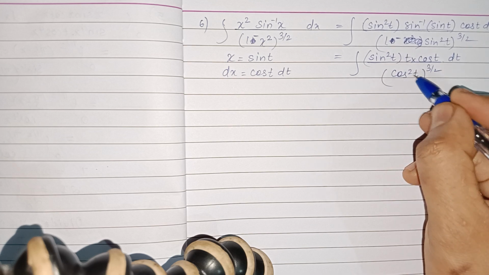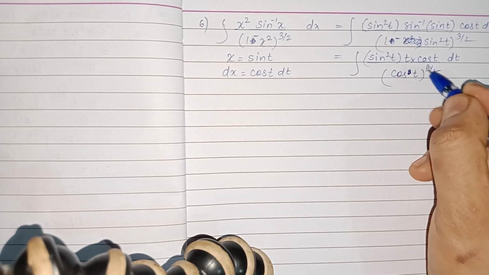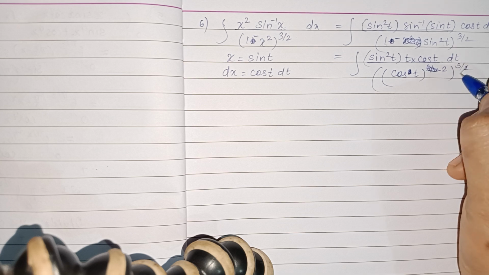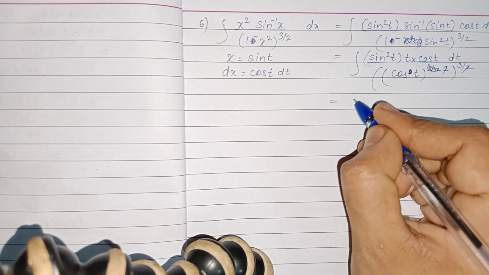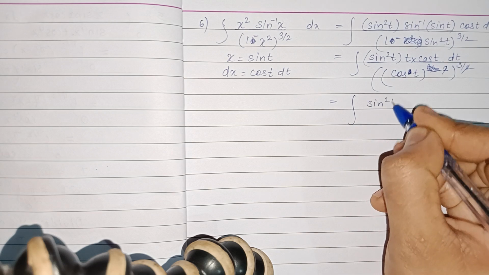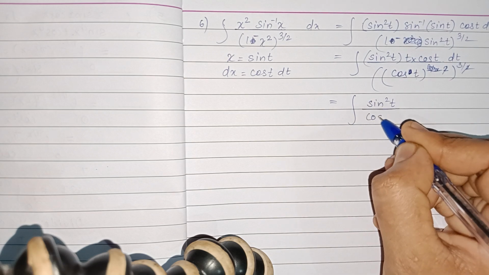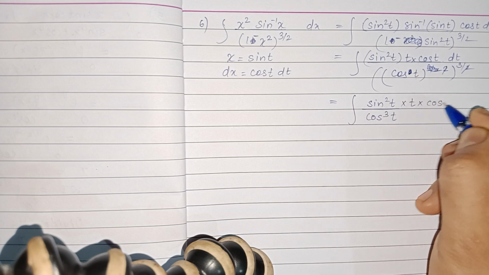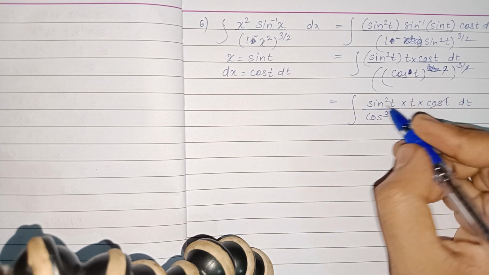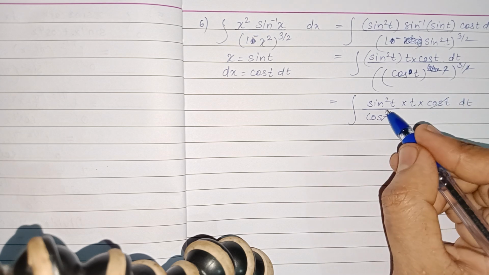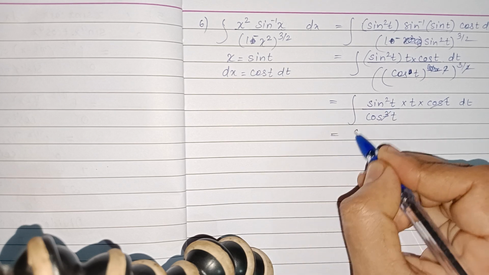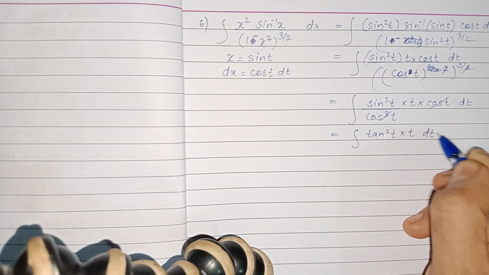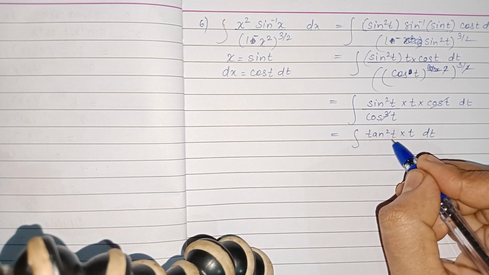So cos square t, we can write as cos t raised to 2. Okay, into this raised to 3 by 2. So this 2 and 2 get cancelled. One of the cos also gets cancelled, so we'll get sin square t upon cos square t, which is tan square t. Now we don't have a direct integral of tan square t, right?